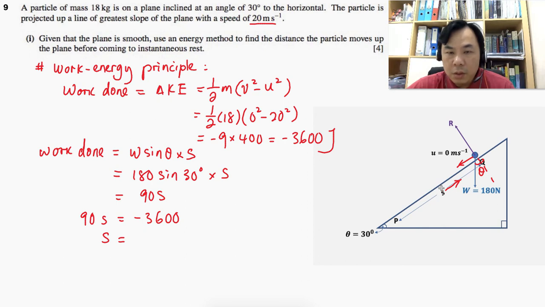The displacement is going upward, so we are doing work to overcome gravity. You're losing energy due to gravity. So it's a negative. There is a negative here, so please pay attention to that. From here, you will be able to get 40 meters. So the distance traveled up until it reaches instantaneous rest is 40 meters, using the work energy principle here.